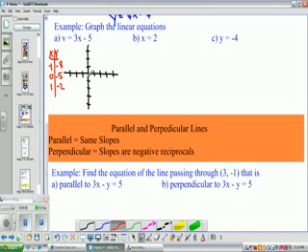Another way that you could do it is identify the y-intercept, which is negative 5. 1, 2, 3, 4. And then use that slope, which is 3.